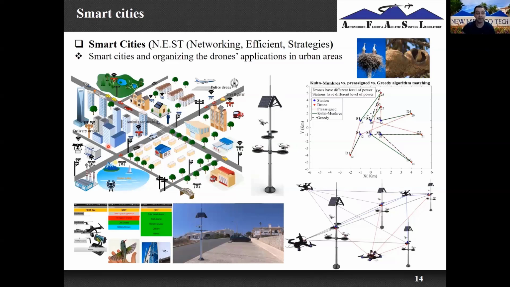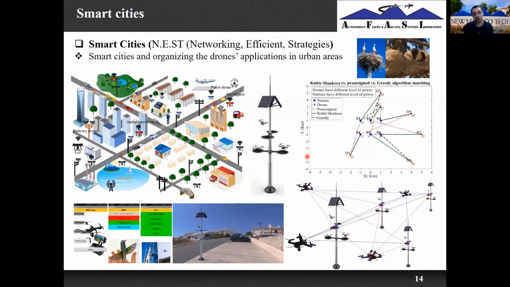How are we going to manage these big robots, or a large number of drones, for smart city applications? There are different types of algorithms that I'm going to show you here, but this is just for information. We found that drones have different levels of energy, they have different distances from the station or mission, and their charging stations have different levels of power.